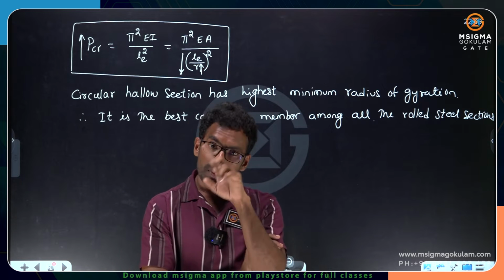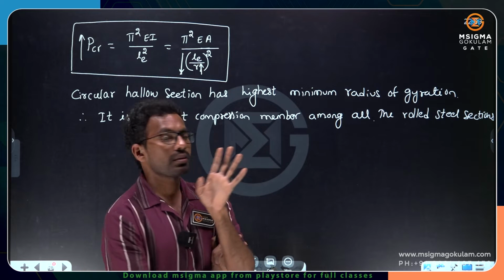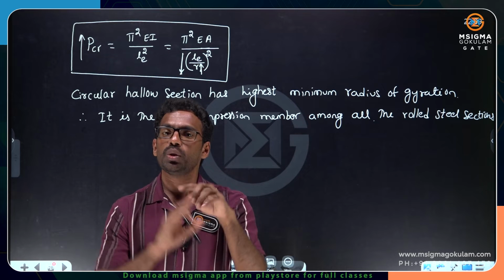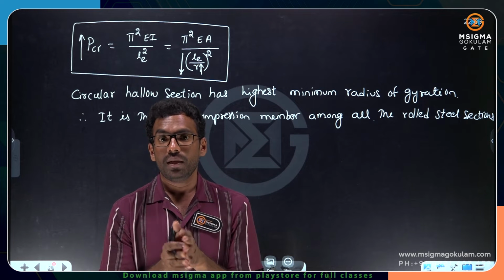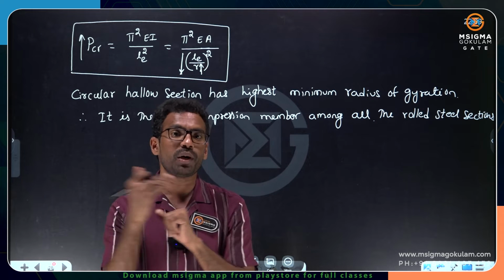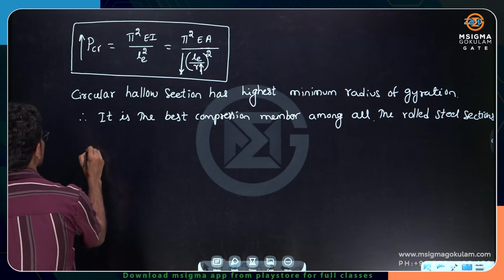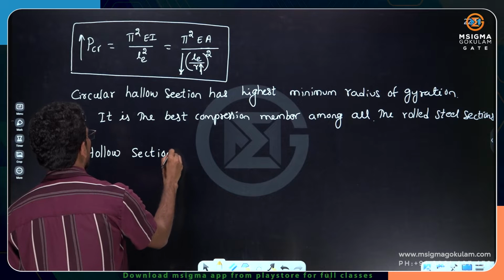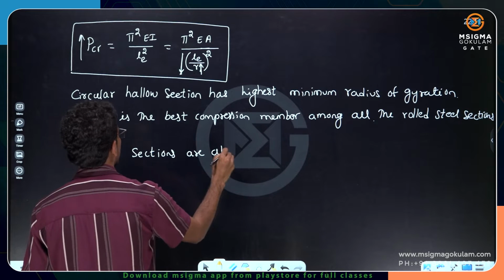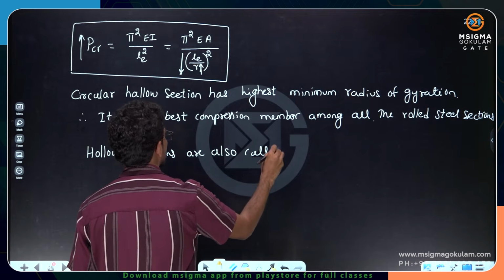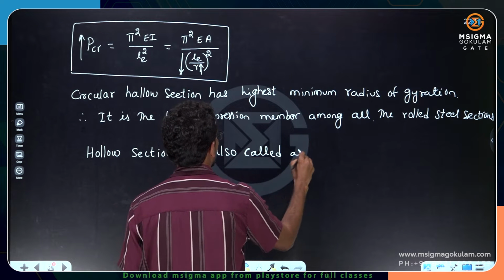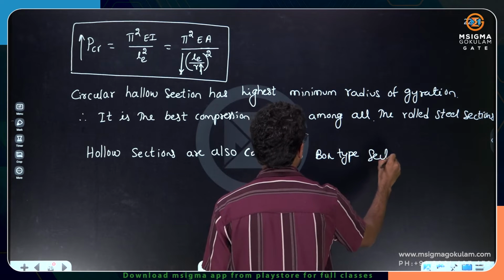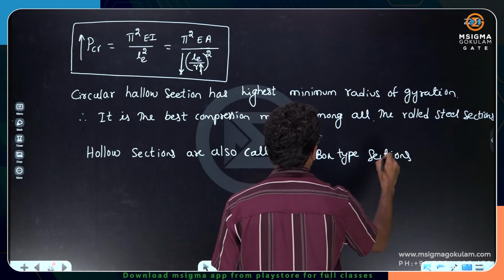It is also called a tubular section. Because these are closed sections, and especially the circular hollow section, we can also call it a tubular section. Hollow sections are also called box type sections or tubular sections.